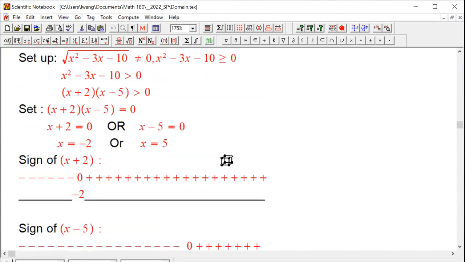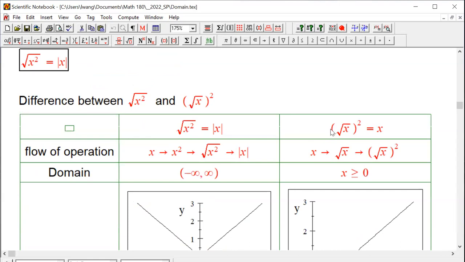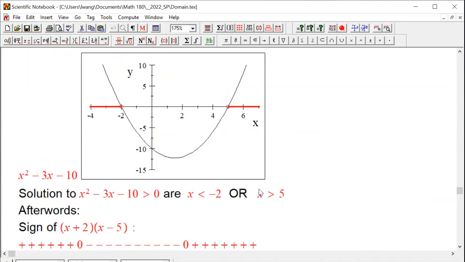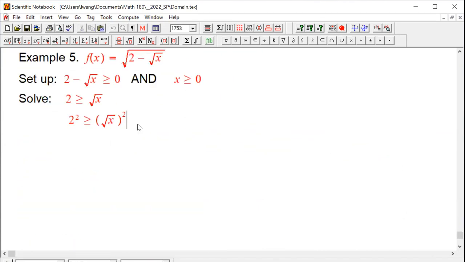We reviewed that concept earlier. The square root of x and then squared equals x. And so we're going to apply that. So the next step we get is 4 is greater than or equal to x.